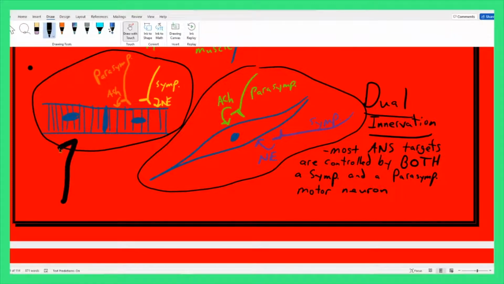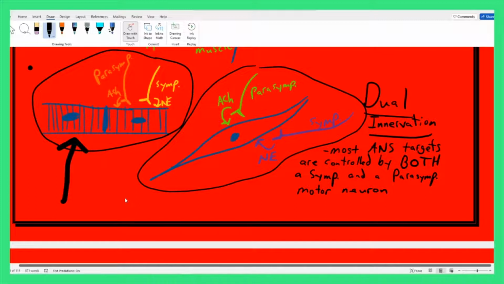So my heart, don't I sometimes need to make it speed up and other times need to make it slow down? Isn't that true? Sure it is. Sometimes it has to speed up, sometimes it has to slow down. Well, that requires two neurotransmitters, doesn't it? One to speed it up, one to slow it down.